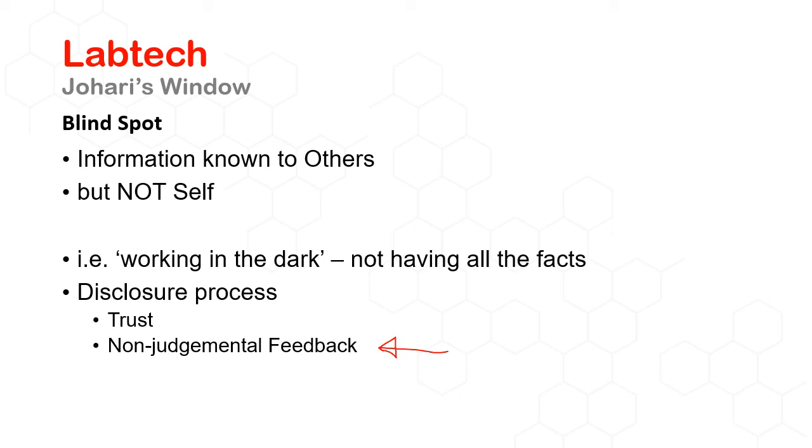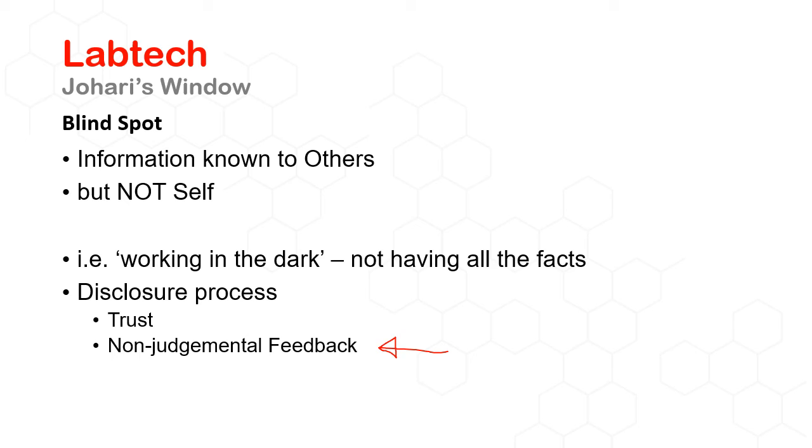So other things that sit in the blind spot, again, skills. So people might observe that I'm a chatty person, maybe. I don't know if I am, but maybe I am. But I'm not aware of it, and I ramble on too much. And maybe it would be helpful if someone pointed that out to me.